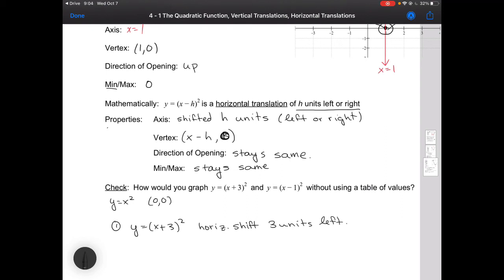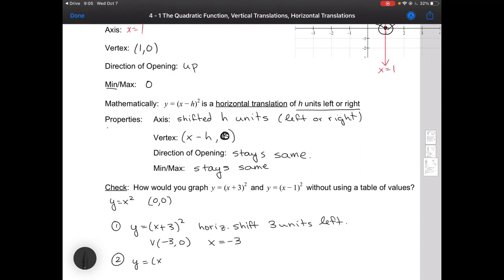So that means that our new vertex is going to be minus 3, 0. Our new axis of symmetry would be x equals minus 3, and everything else is going to remain the same. Our point pattern is still the same too, so we can easily graph it after we have the vertex.